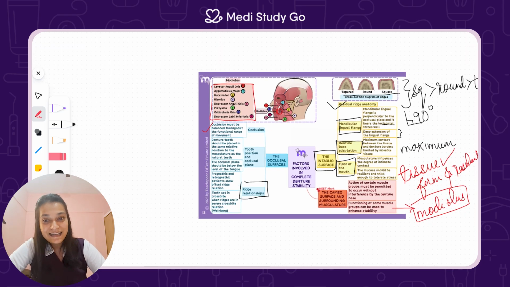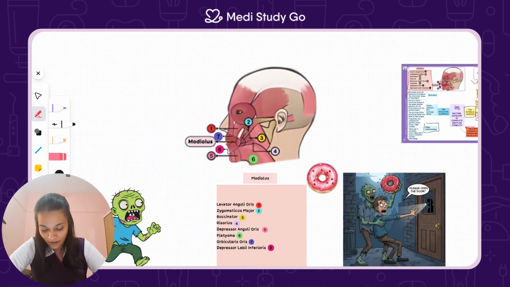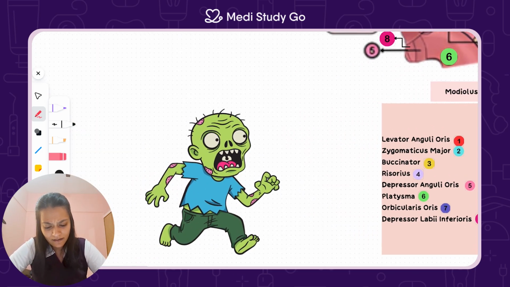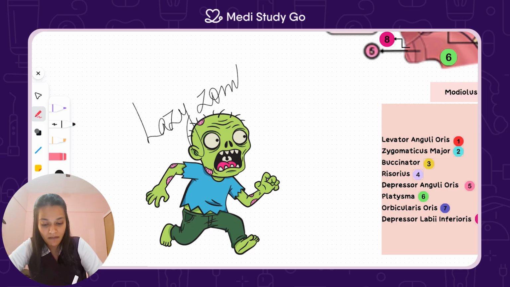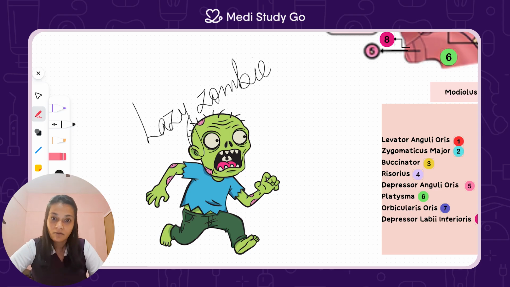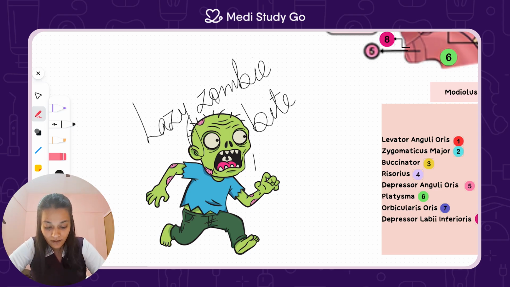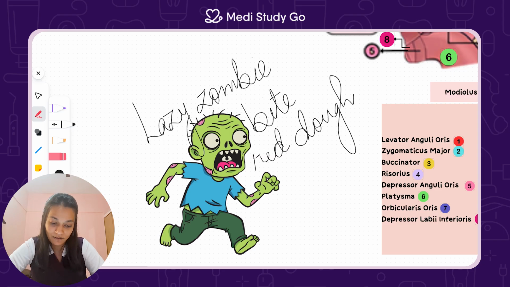Now, let's talk about a very small story, okay? So we had a lazy zombie who was running after a man for his life. But he stopped for a while to bite a red donut. So our man got some time to run.